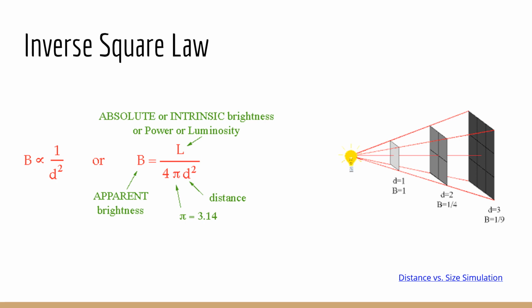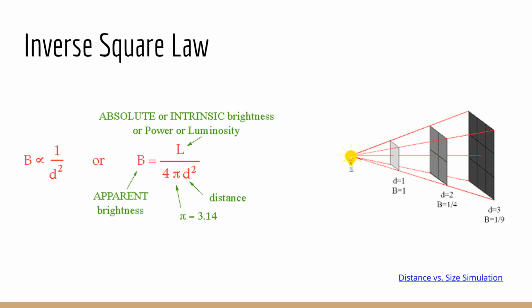So this plays into what we call the inverse square law, which basically says that the farther away you are from a point of light, the less intense that light is going to be by a factor of d squared, where d represents distance.